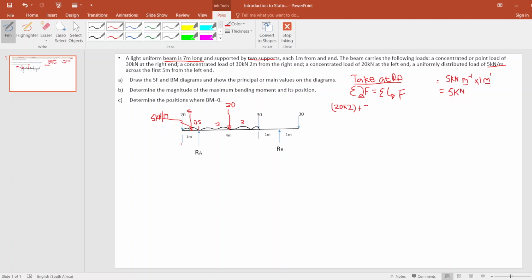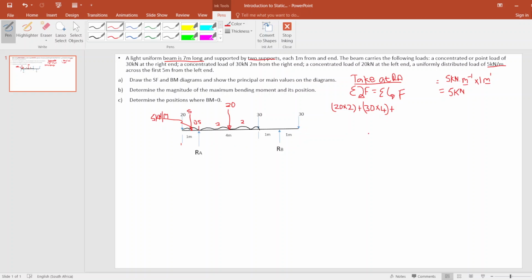It will be 30 multiplied by the distance from the force of 30 to where we have taken moment at RA. The distance there is 4 meters. Multiplied by 4, plus another 30.